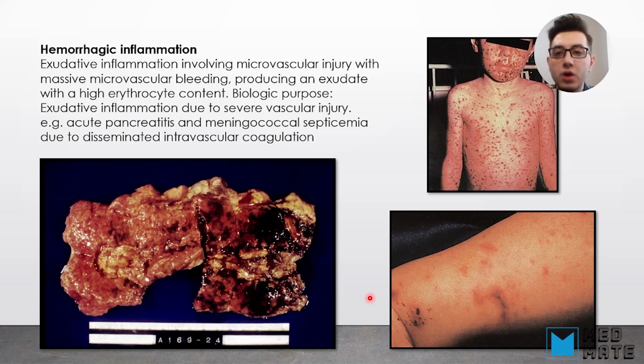It can be due to severe vascular injury, or, for example, acute pancreatitis, or it is also seen when we have meningococcal septicemia due to disseminated intravascular coagulation. Also, we can see the hemorrhagic inflammation. You can see in these two patients how it looks. We have the formation of hemorrhage, and also here you can see a photo of acute pancreatitis.